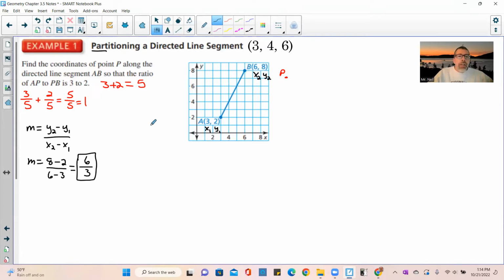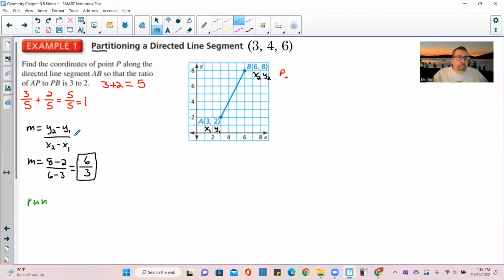Now that we have these ratios, we want to take that percentage of each piece. We're going to use the run as my x's, so the change in x will be how far we go. Let me change colors. I'm going to focus on my run.